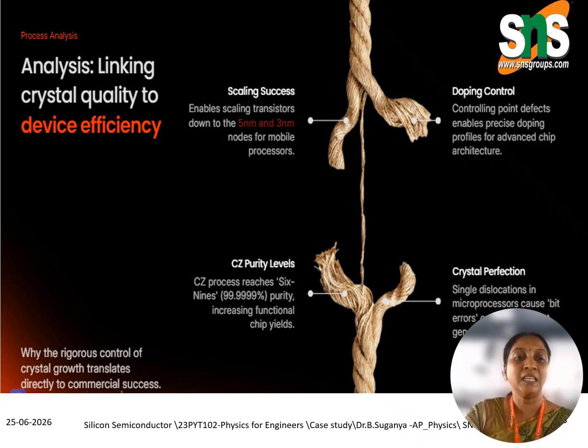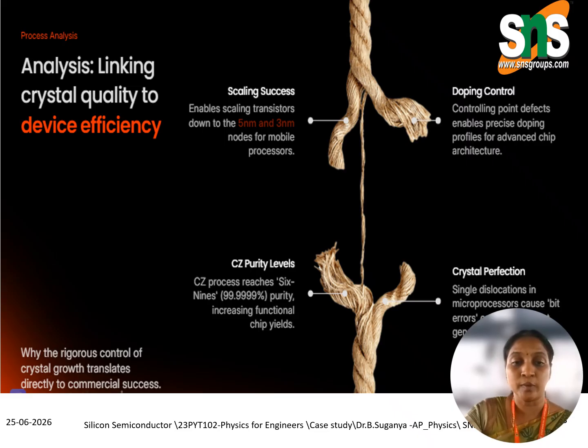Analysis. So linking crystal quality to device efficiency. This is very important. Scaling process: it enables scaling transistors down to 5 nanometer and 3 nanometer nodes for mobile processors. Doping control: controlling point defects enables precise doping profiles for advanced chip architecture.